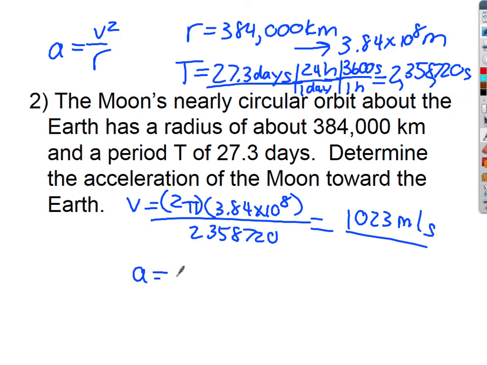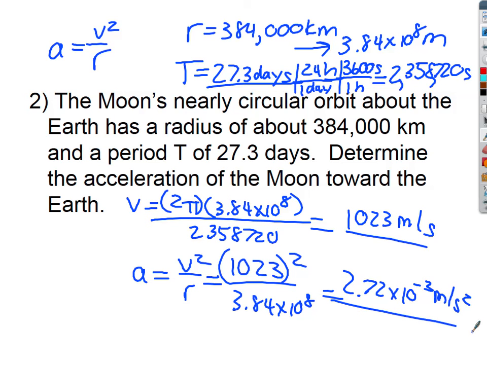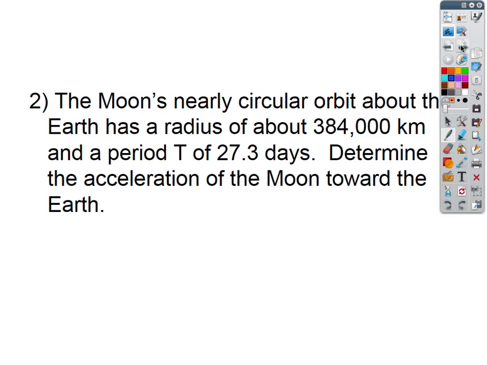And then I just solve for acceleration by squaring the velocity and dividing by the radius. 1,023 squared over the radius again, 3.84 times 10 to the 8th. That equals 2.72 times 10 to the negative third meters per second squared. It has a very large circle to go on, so the acceleration is very, very small. Okay? Very large radius. All right. Very good. Next.